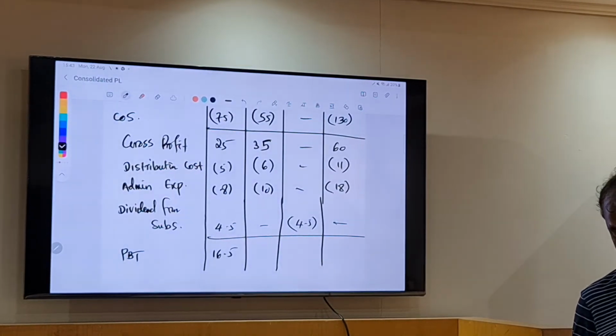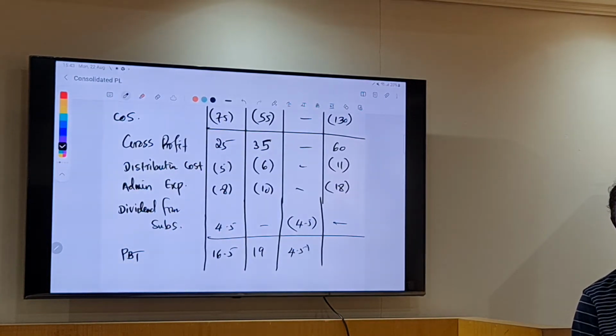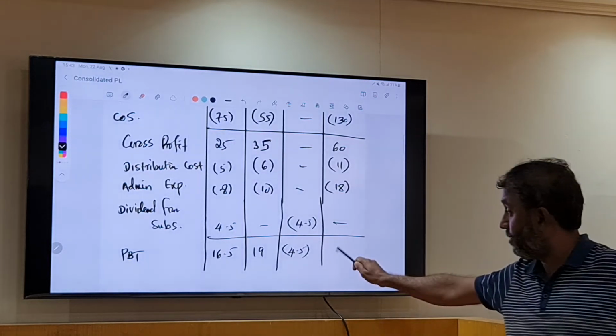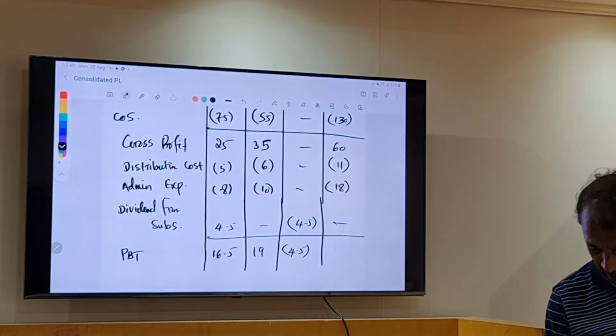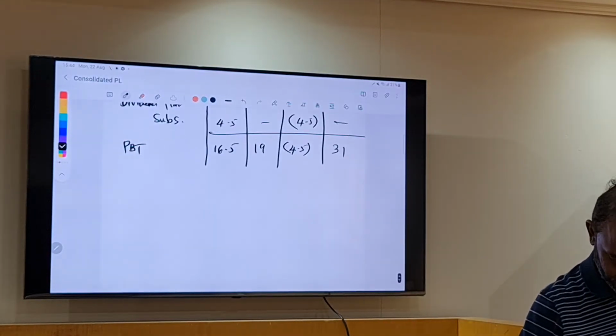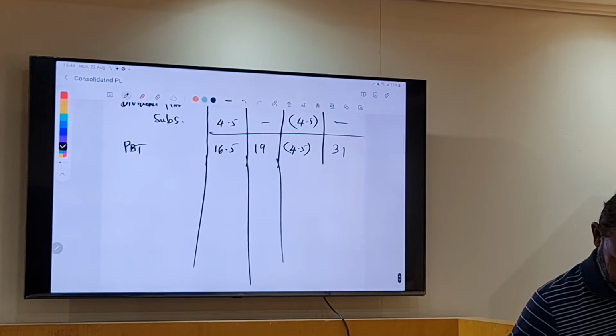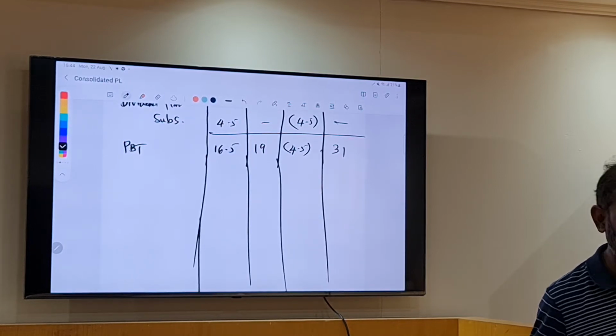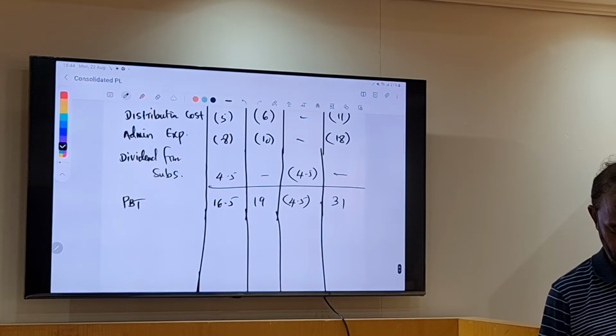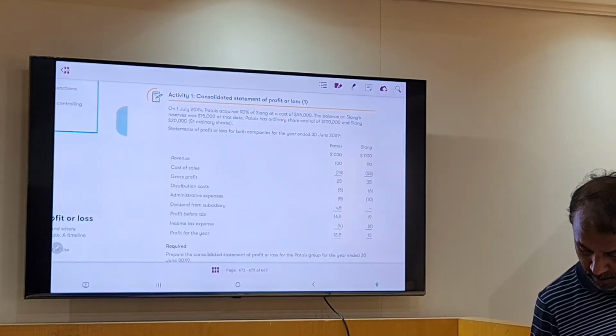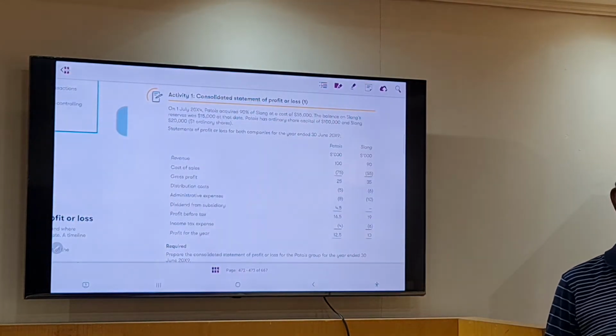And then this one, 35 minus 16, is 19, right? And this is 4.5 minus. So what is the answer here? 31. He already gave us the amount here, 16.5. We don't need to recalculate.